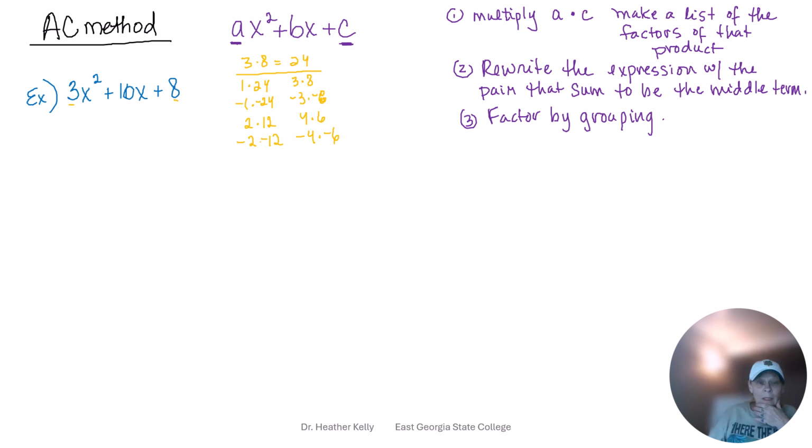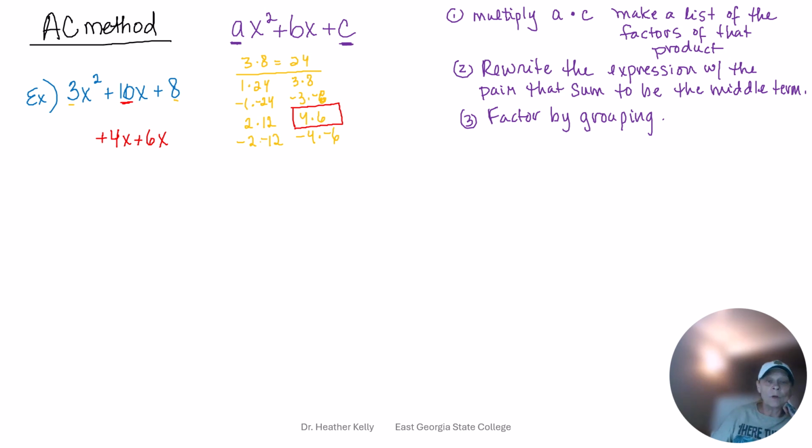So there's my list. Now what we're going to do is decide what pair off of this list adds to be the number we're looking for. And here we're looking for positive 10. So it looks like we need positive 4 and positive 6. Now we'll rewrite this 10x as positive 4x plus 6x.